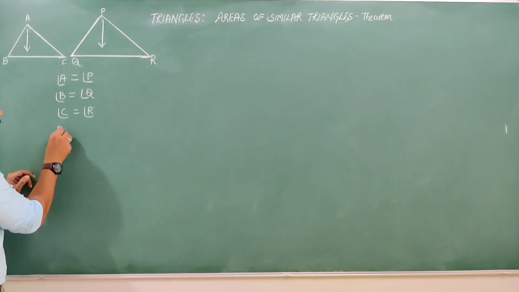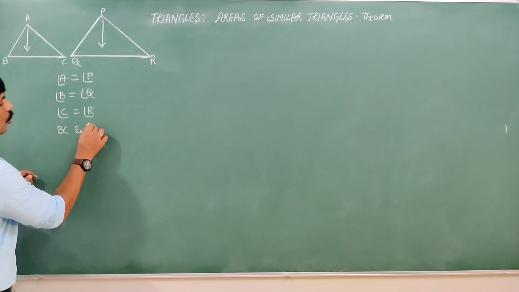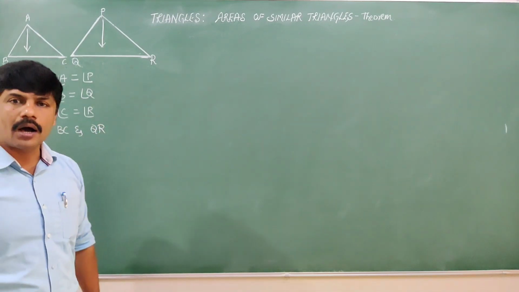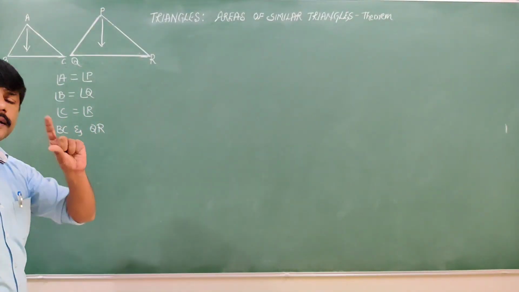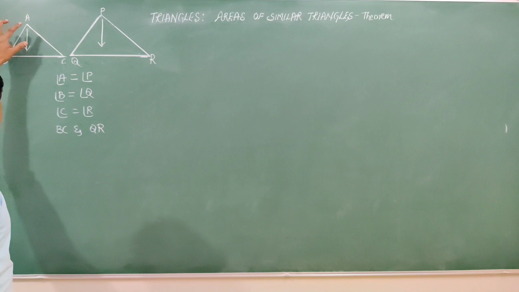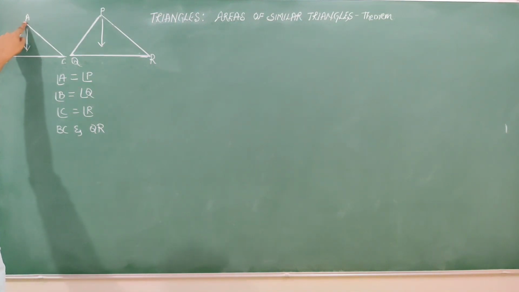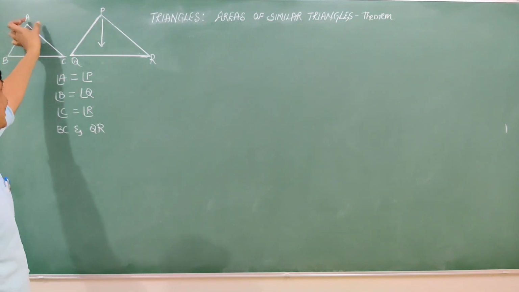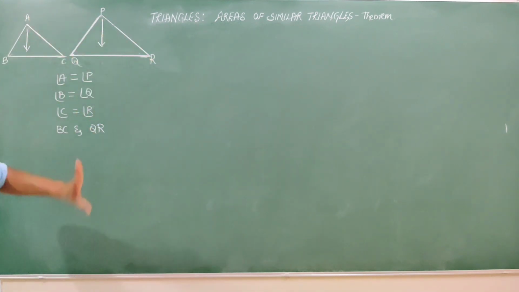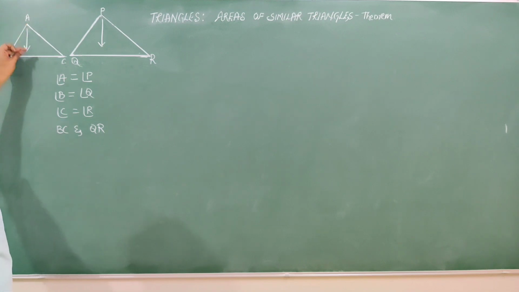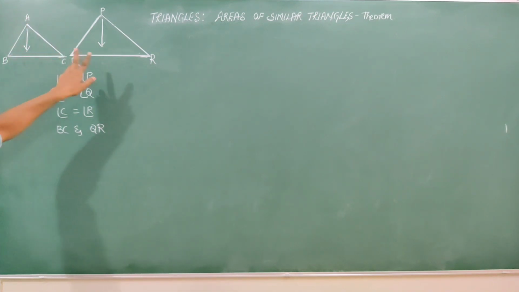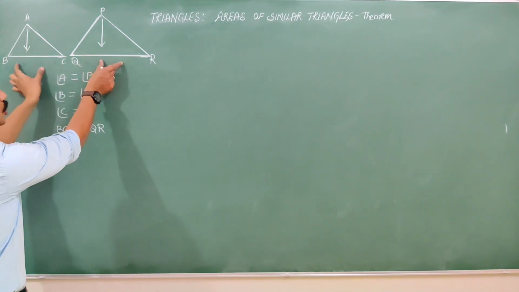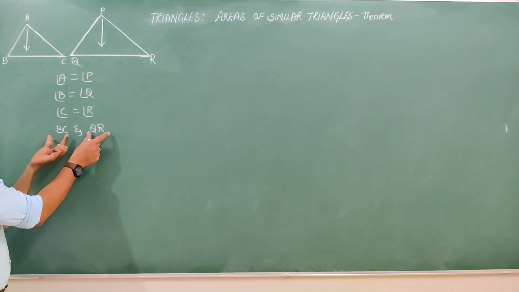Here BC and QR are the corresponding sides. Why? Because A and P are corresponding angles, having the same value. Opposite to that angle, which side lies? BC here and QR here. Therefore, these two sides are corresponding sides.